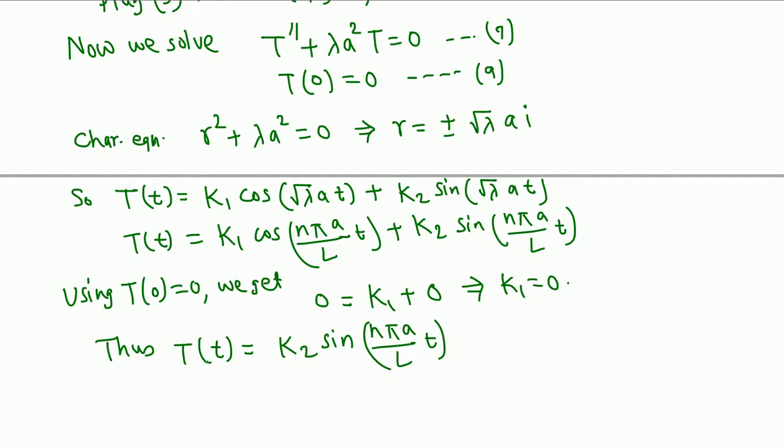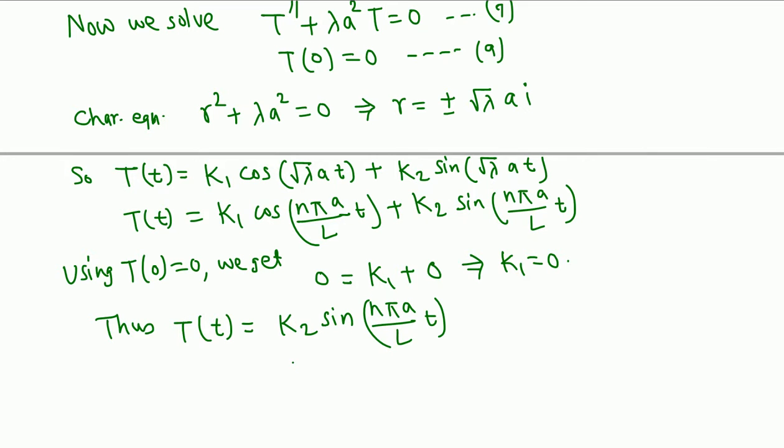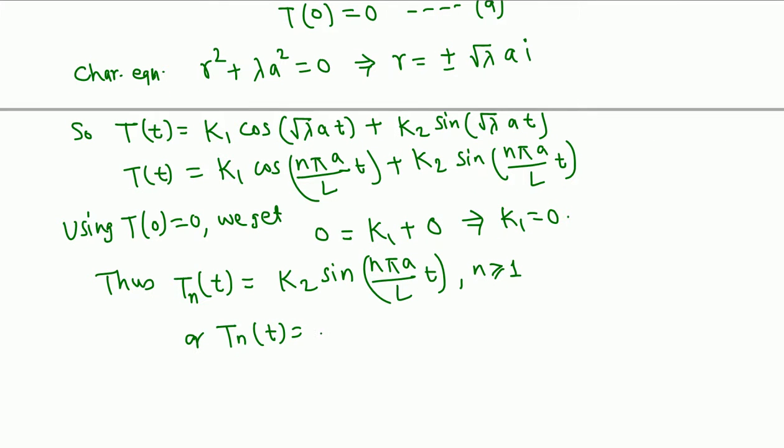So pretty much T is proportional to a sine function, and to simplify this we can always take k2 to be just 1. But not only one solution, we get infinitely many because n is bigger than or equal to 1, so we write T_n, without k2, as sine of n pi a over L t, for n bigger than or equal to 1.